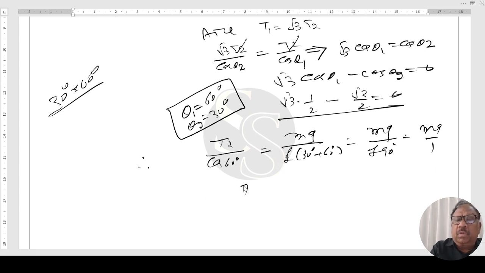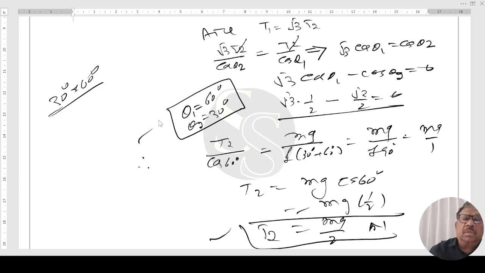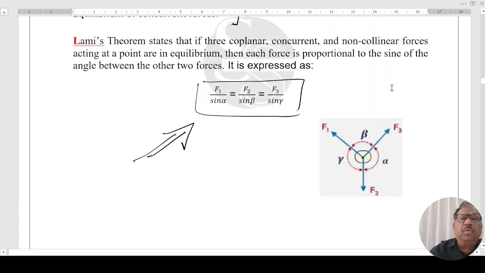So T2 equal to mg cos 60, that is mg into 1 by 2, that is mg by 2 Newton. So these are the answers: 60, 30, mg by 2.